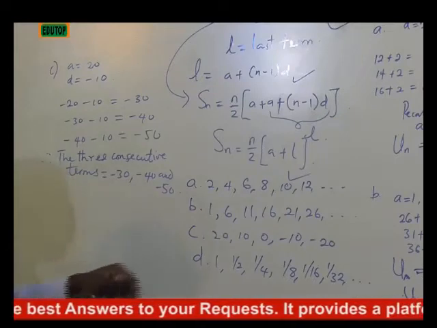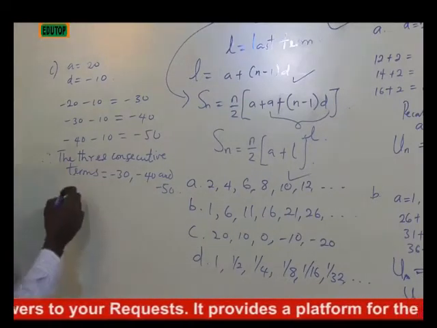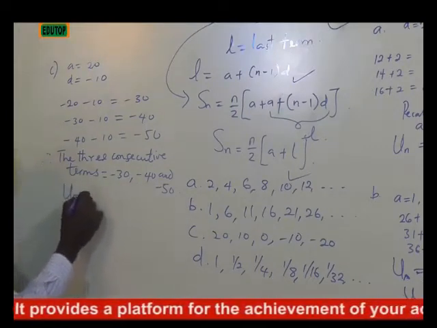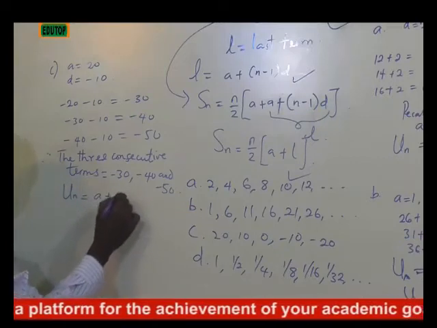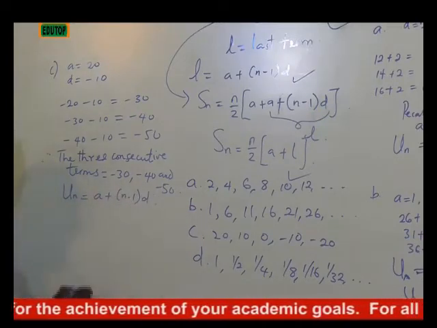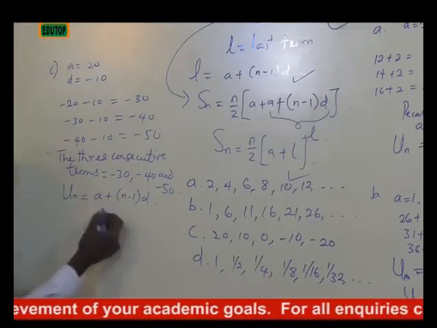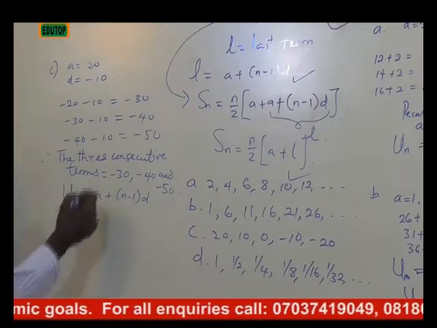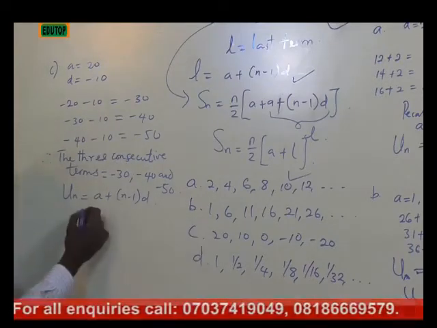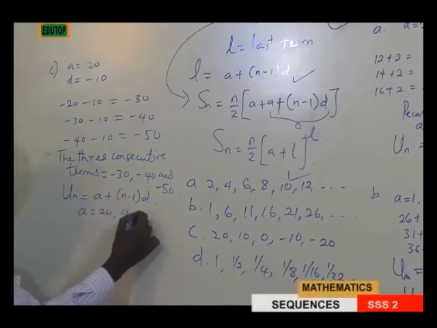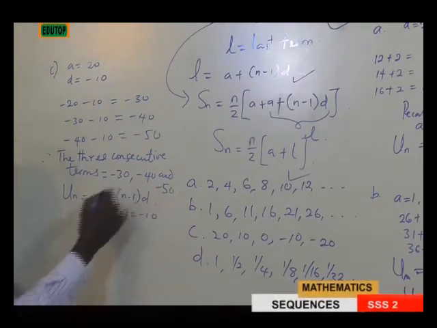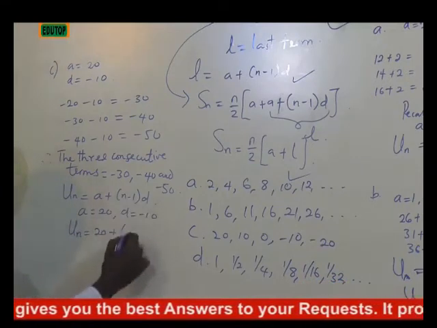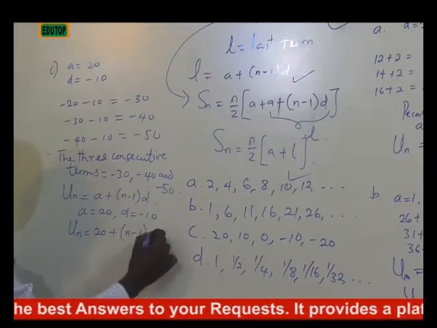If you are to determine the rule for this particular sequence, then it will be Un, which is equal to a plus (n minus 1)d, where n is the number of terms, a is the first term, and d is the common difference. From the sequence, we know that our a is 20, while our d is minus 10. So we substitute these two values into this formula. We have Un will now be 20 plus (n minus 1) times minus 10.